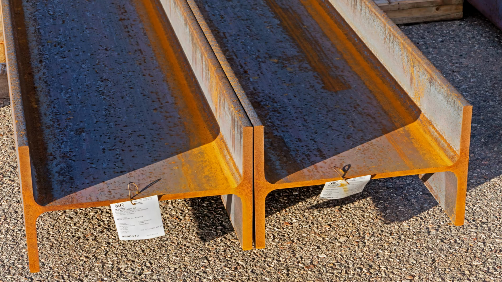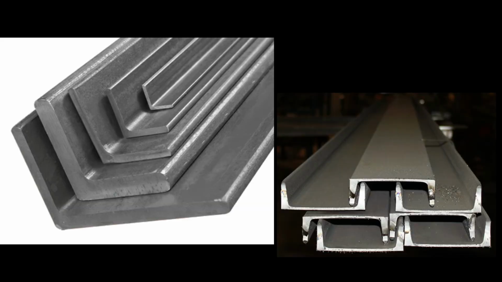The last group of steels are structural shapes. Most people know these as I-beams, which are classified as W, M, and S shapes, as well as angle and channel. With structural shapes, you're going to have a 2-digit identifier. The first digit is going to be the approximate height of whatever it is.